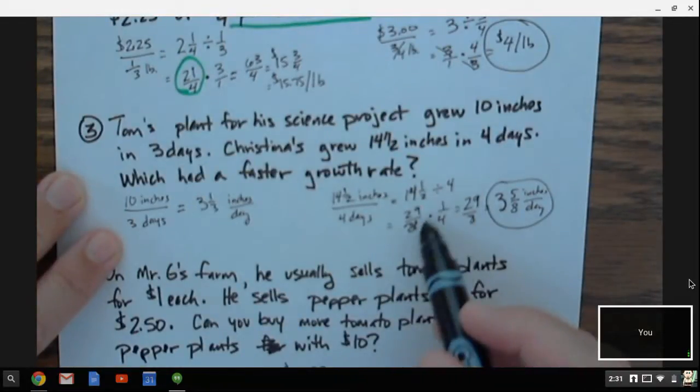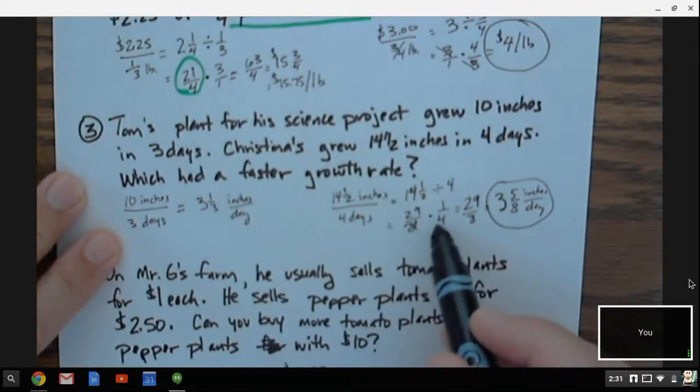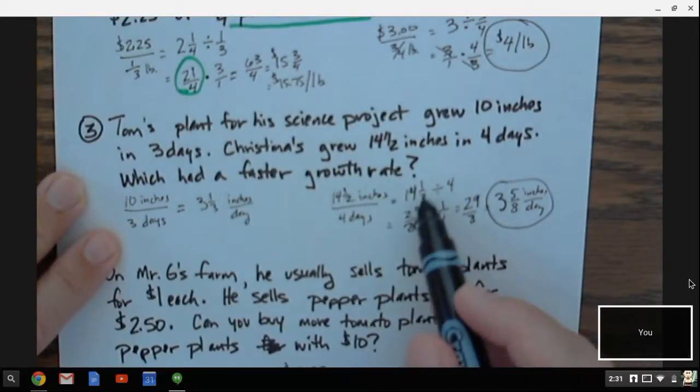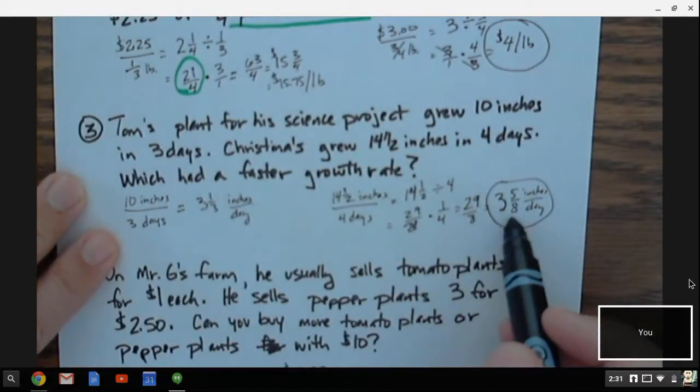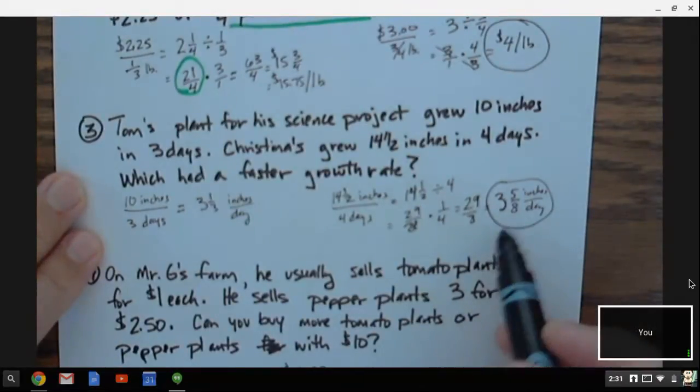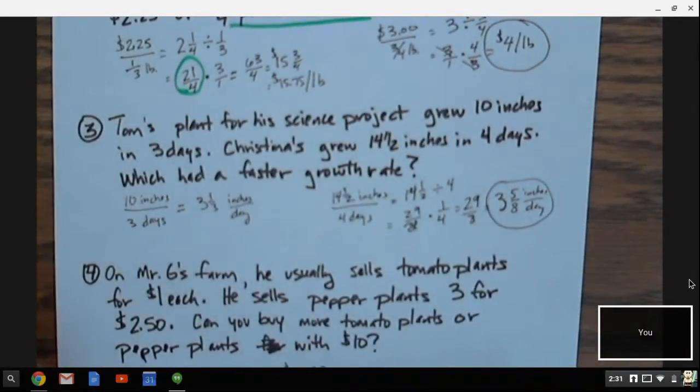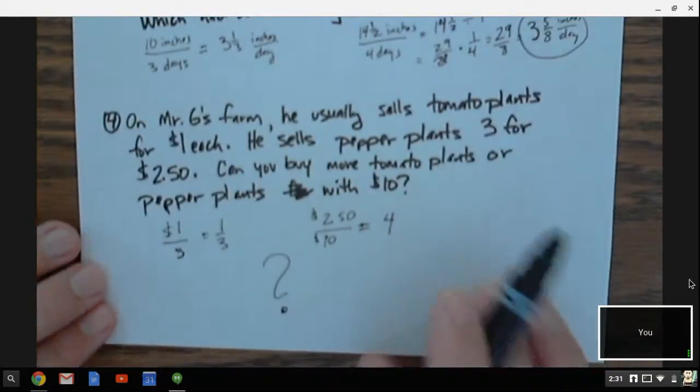Change this so we can multiply by the reciprocal, same change flip. He converted his mixed number to an improper fraction correctly, got the correct number, converted it back to a mixed number, and circled the correct answer. So that's 100% correct.